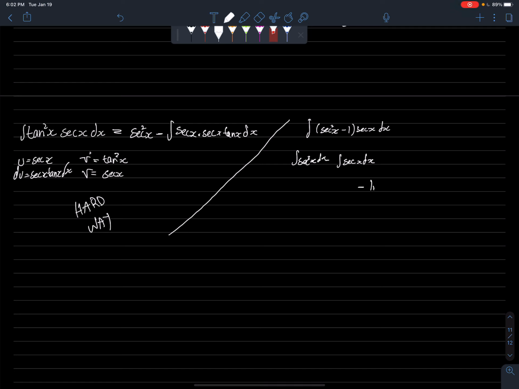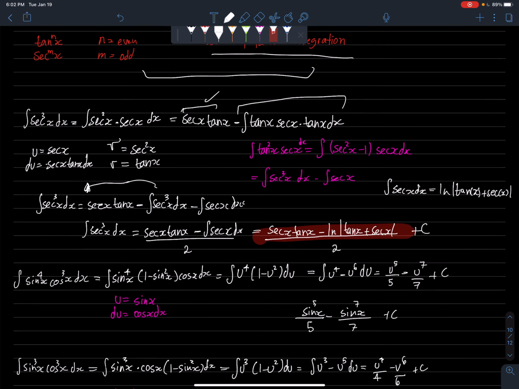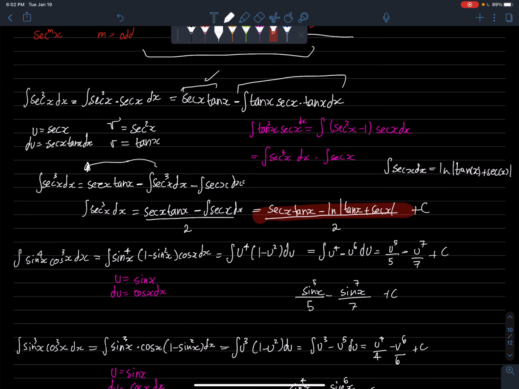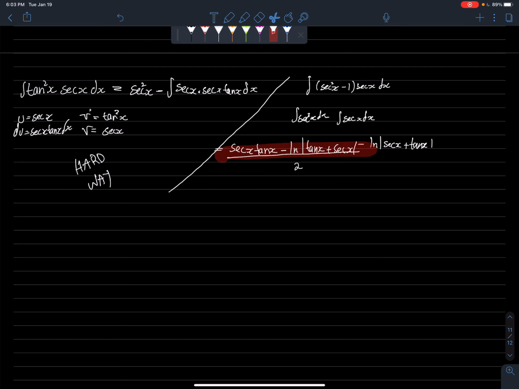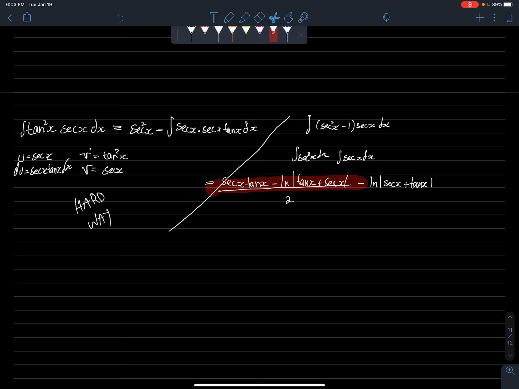So what you just have to do, this would just be ln secant x plus tan x, and secant cubed is just this. So, sorry, it would be that. But I'll show you how to do the hard way once I show you the rule for it.